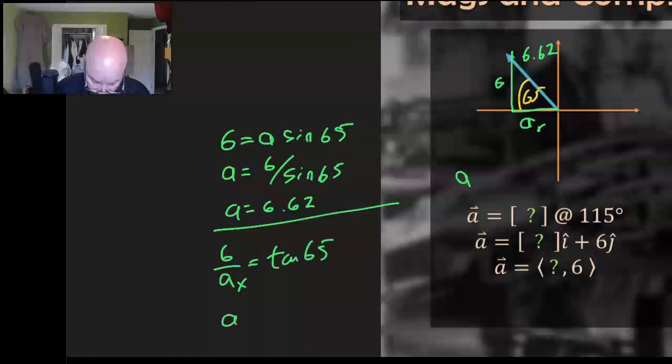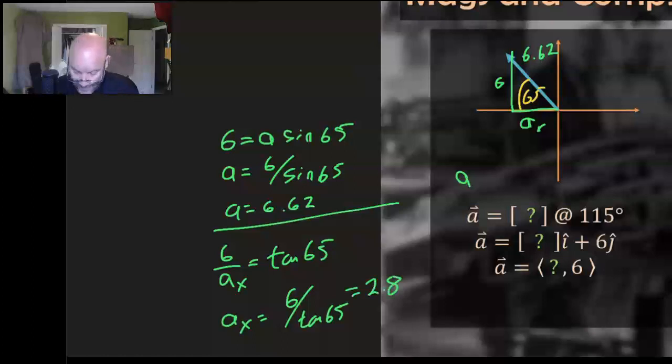With a little bit of algebra, A sub x is going to be 6 divided by tangent of 65. When we calculate that, 6 divided by tan 65 gets us 2.8. So in here I put the 2.8, and up here I put the 6.62.